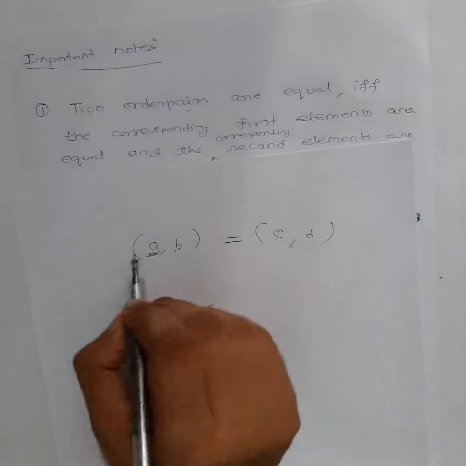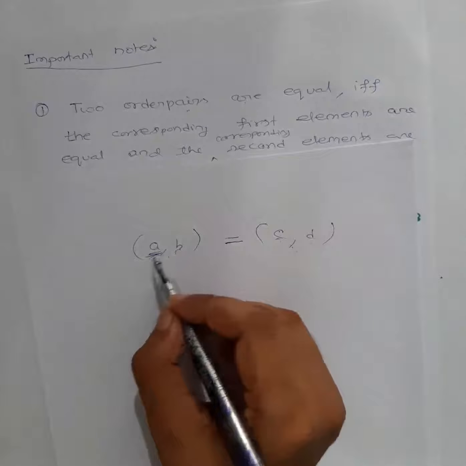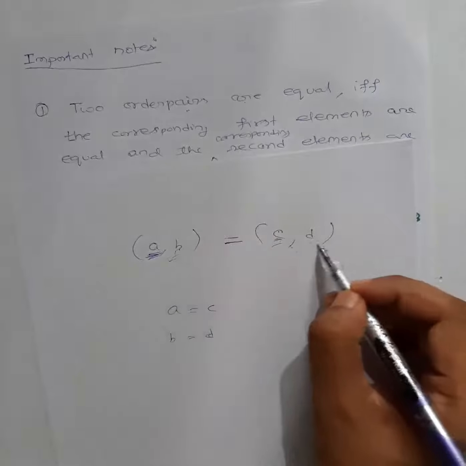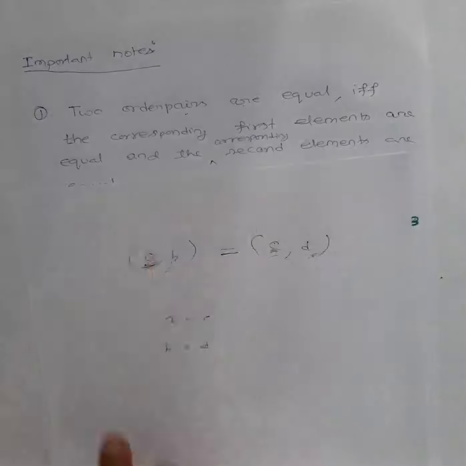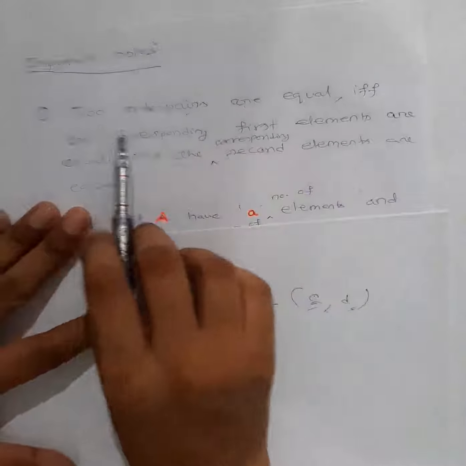So very simple. Whenever you see ordered pairs equal, try to understand this and this will be equal, this and this will be equal, otherwise the ordered pairs cannot be equal. That's what is written here in this note.